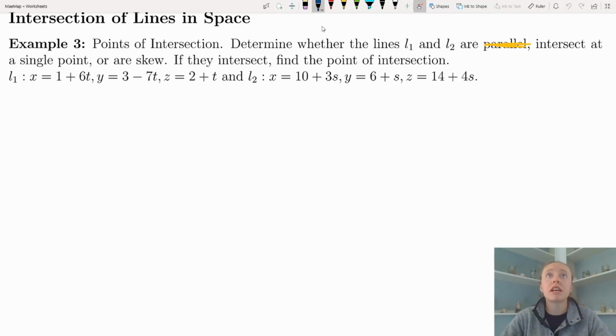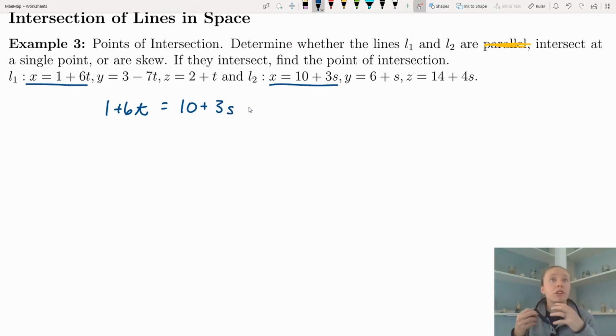So again, using that system of equations, I'm going to look at x first. So I want to see when 1 plus 6t, x for line L1, is going to equal 10 plus 3s. That's my x for line 2.